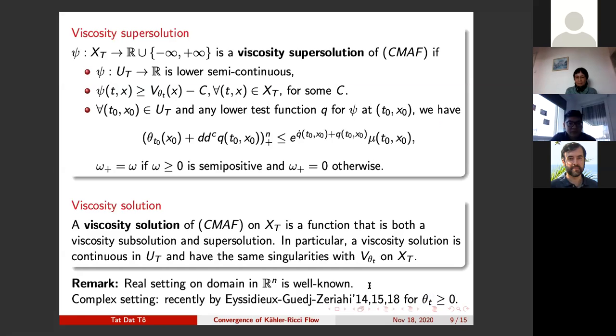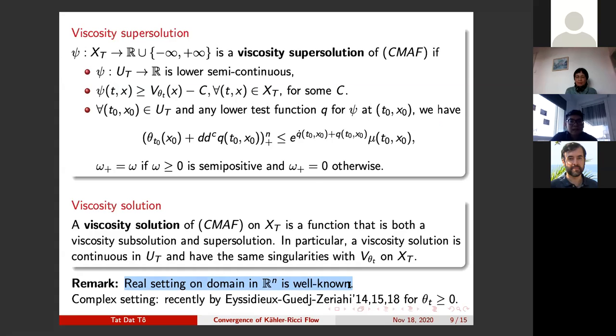Of course, in the real setting, we can see some viscosity approach for Riemannian manifolds as well, but I don't want to go into detail here. I just want to mention the mathematicians who developed it at the beginning: Crandall, Pierre-Louis Lions, and Evans.